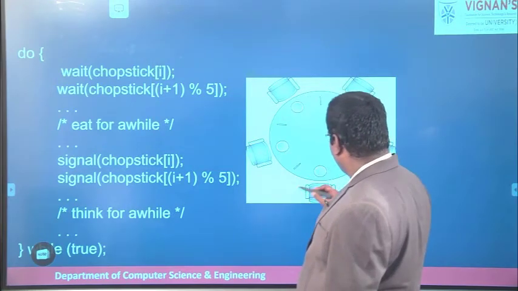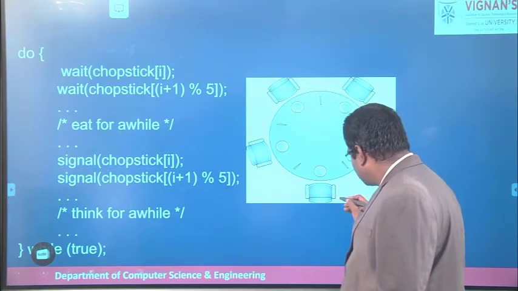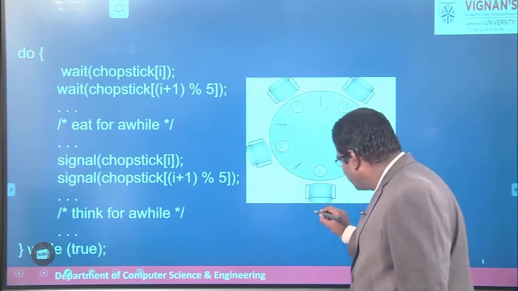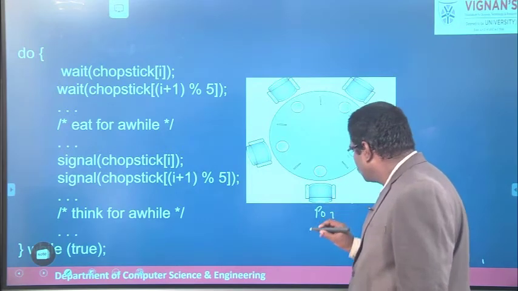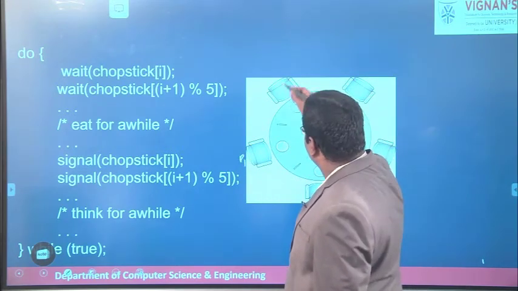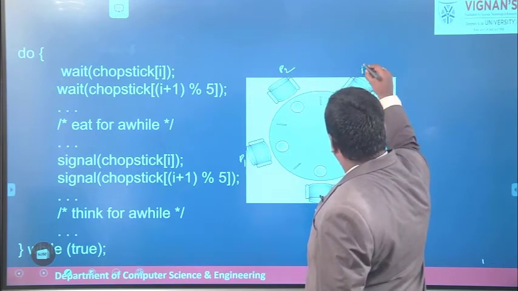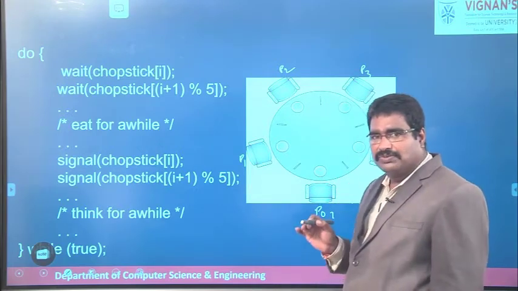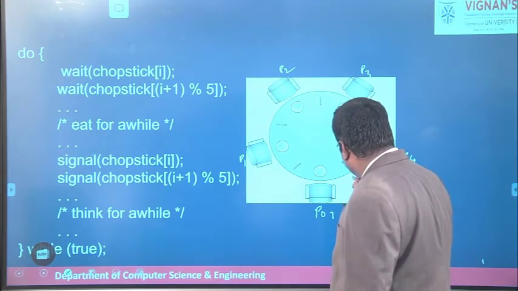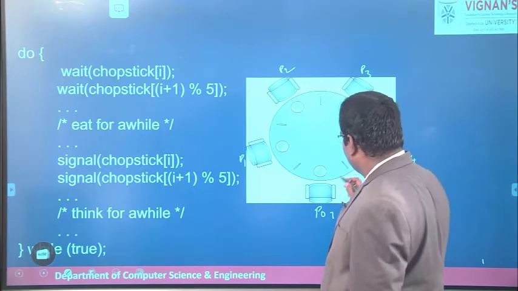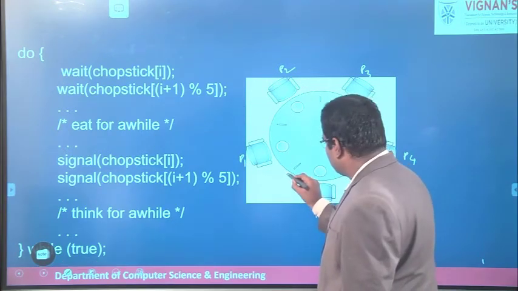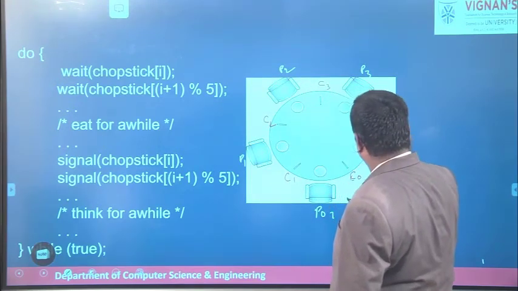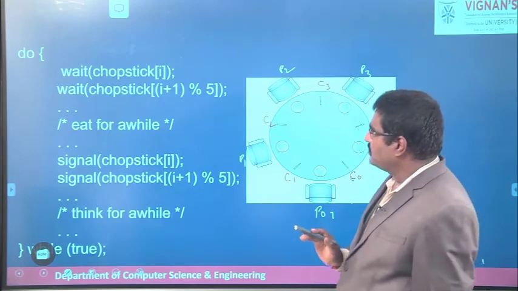We assume the philosophers are P0, P1, P2, P3 and P4, and the chopsticks are chopstick 0, chopstick 1, chopstick 2, chopstick 3 and chopstick 4. So there are a total of 5 chopsticks available.